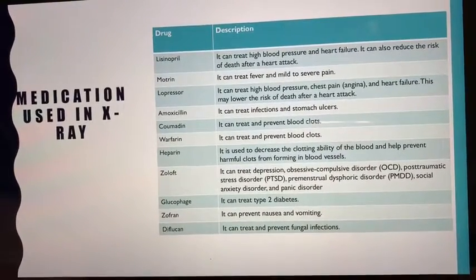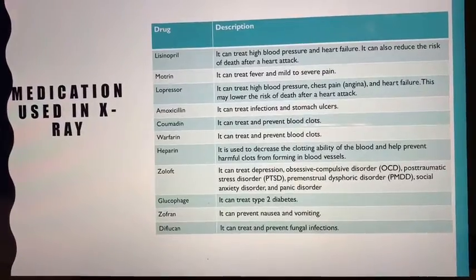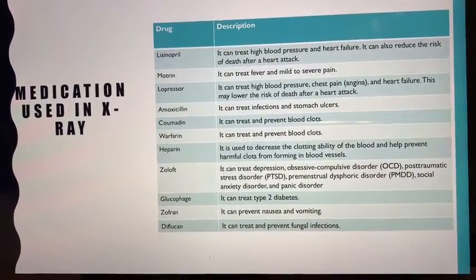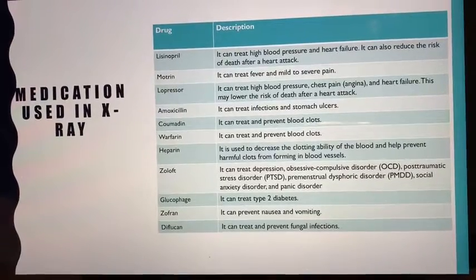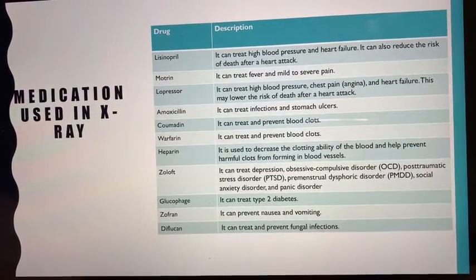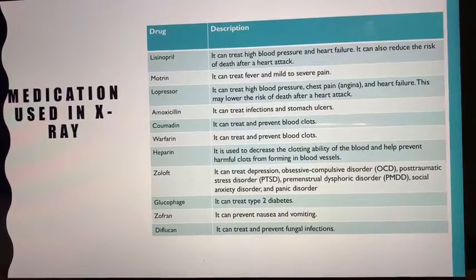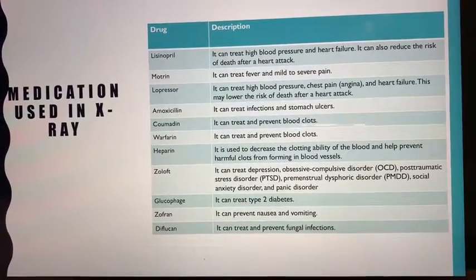We also use amoxicillin. It can treat infections and stomach ulcers. Coumadin, it can treat and prevent blood clots, as well as warfarin. Heparin, it is used to decrease the clotting ability of the blood and help prevent harmful clots from forming in blood vessels.